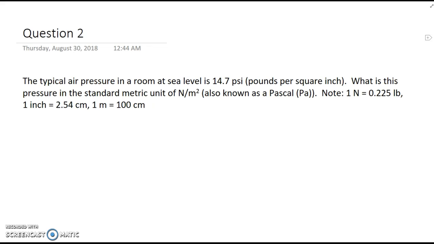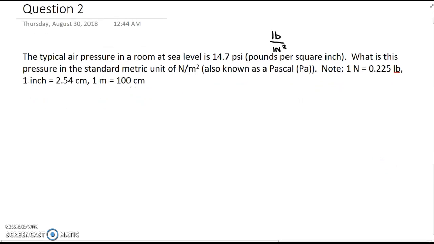This is a conversion problem where we're really converting from pounds per square inch, which PSI is the short term, but from a physics standpoint, if I was going to write it out as a unit, I would prefer to write it like this. That's a better visual way to look at how this unit of pound per square inches can be written. And so this is a great problem to use what I call the fence post method.